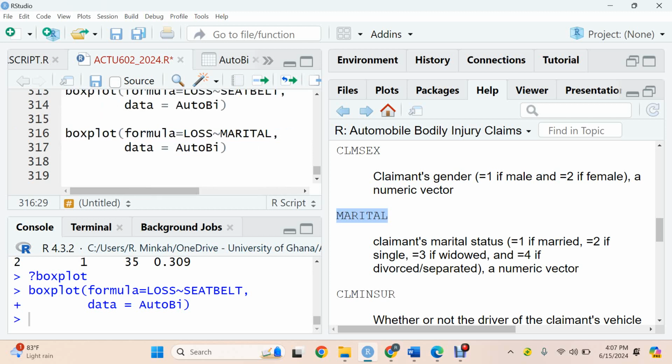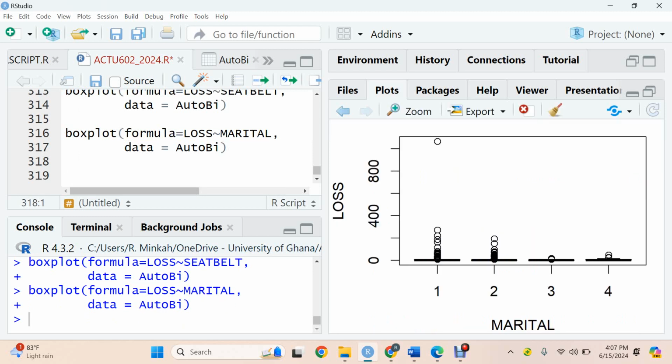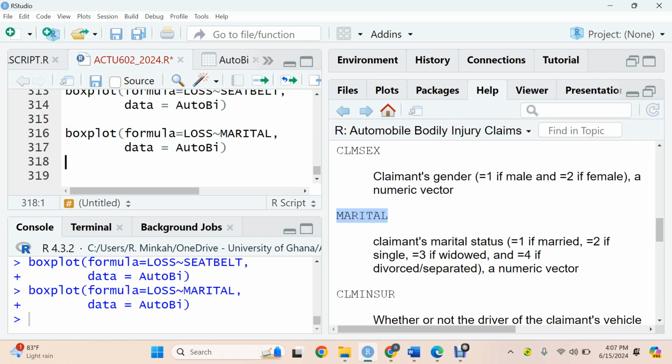Okay. But please, do you understand what is going on? Yeah, so this one we are going to get, you see, so we have all this. That were 4. And you can go back and check what 1 is. 1 is if married. 2 is what? If single. 3 is widowed. And 4 is what?